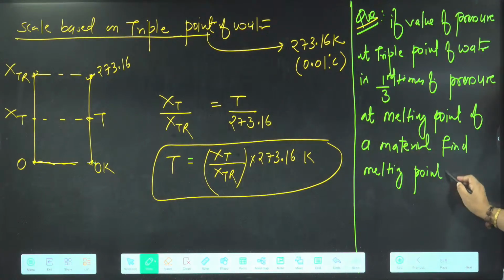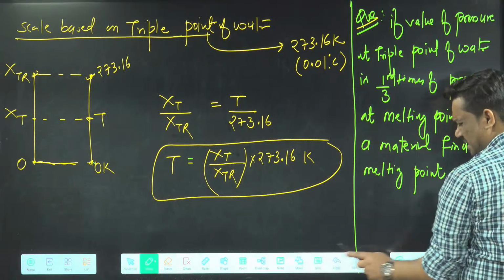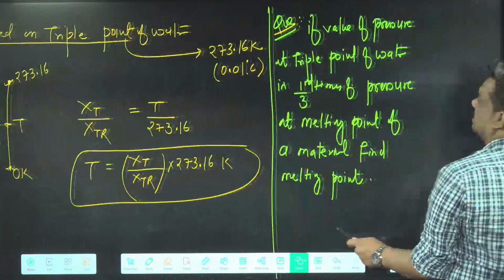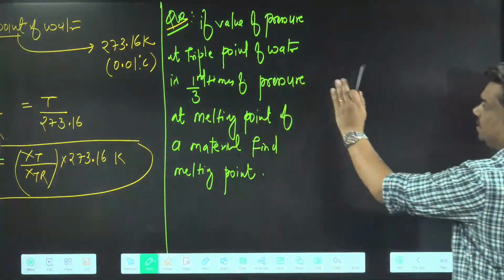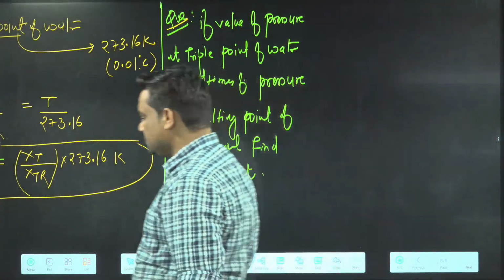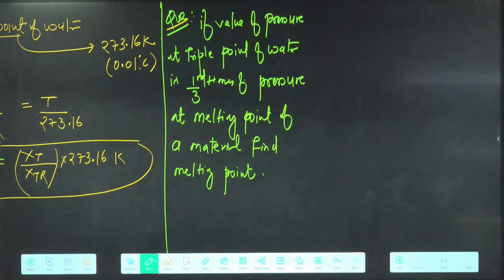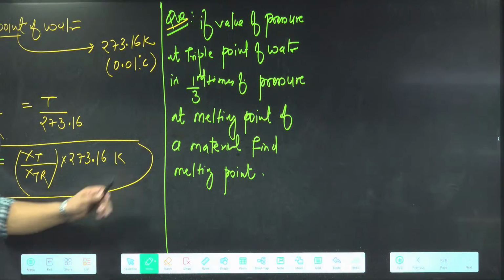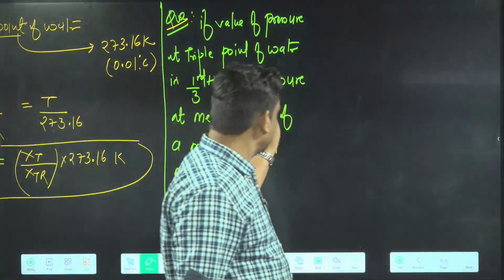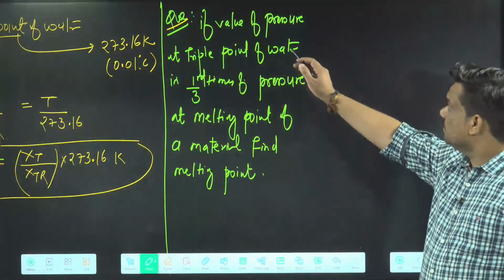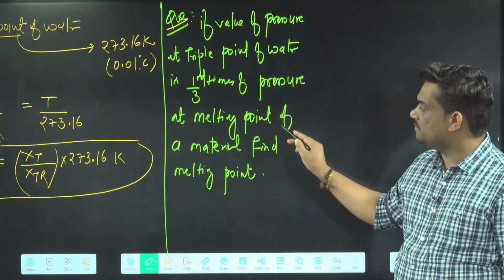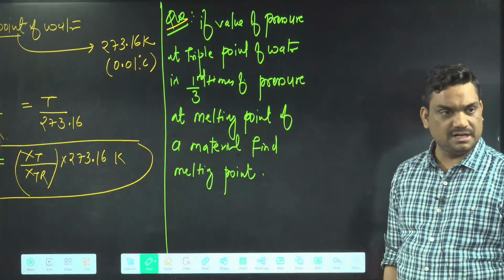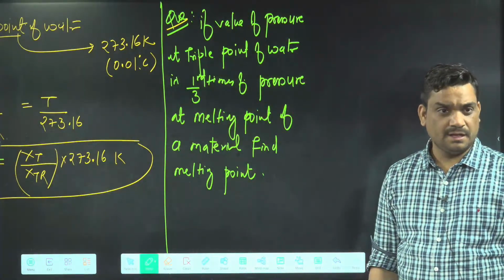This is the question. The language is a little bit typical, so just read it one time. The value of pressure at the triple point of water is 1/3 of what? 1/3 of the pressure at the melting point of the material. Find the melting point.